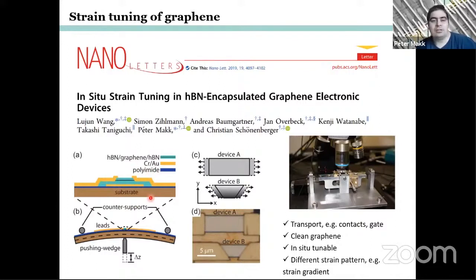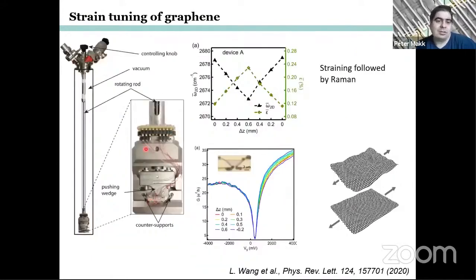There's a limit to how much you can strain, but you can think that up to 1% you can surely strain these structures. This is a sample holder which we have developed. You can measure at low temperatures, in this case a 4 Kelvin setup. We have verified via Raman that we can really strain graphene.